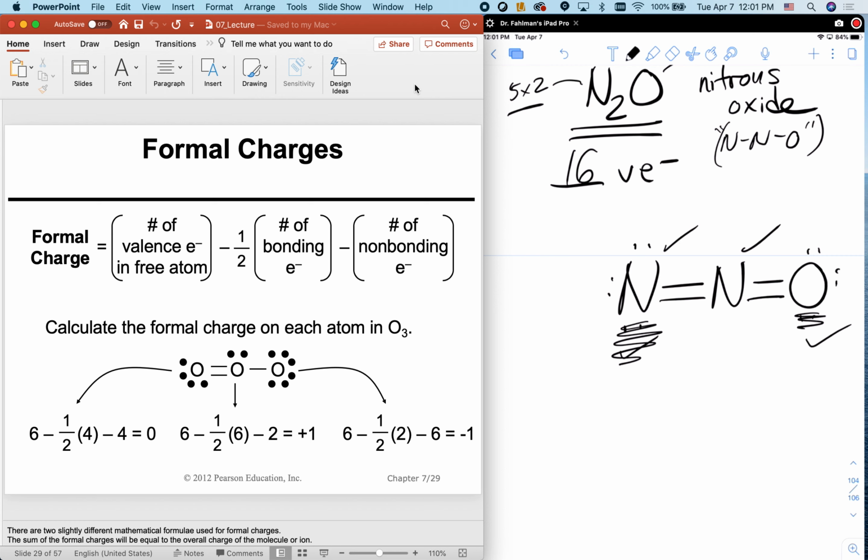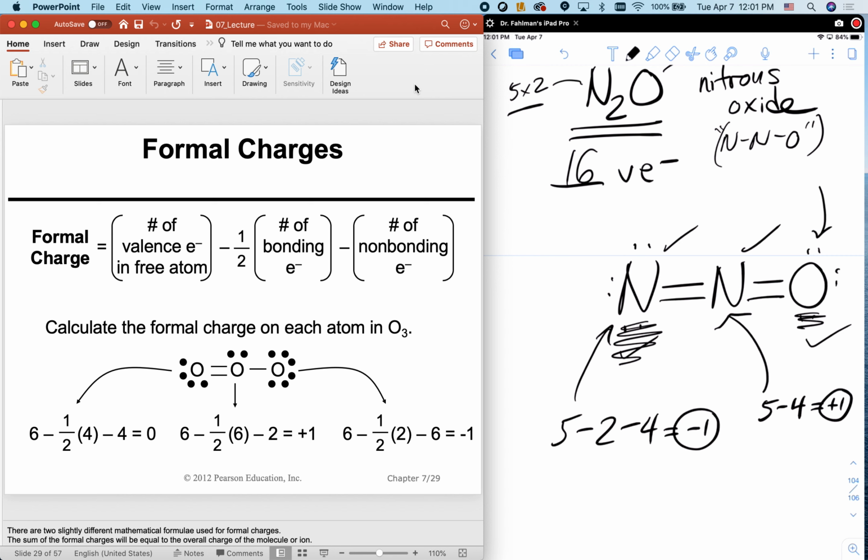Okay. If we look at formal charges, the formal charge of this nitrogen is its valence electrons minus 2 bonds minus 1, 2, 3, 4 dots. So that's a minus 1. The formal charge on this one is 5 minus 4 bonds. So that's a plus 1.